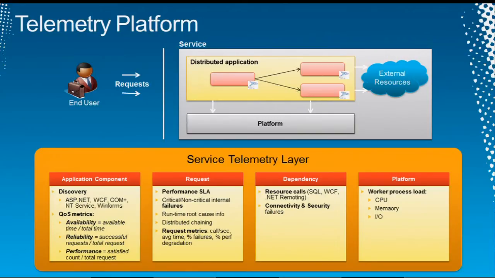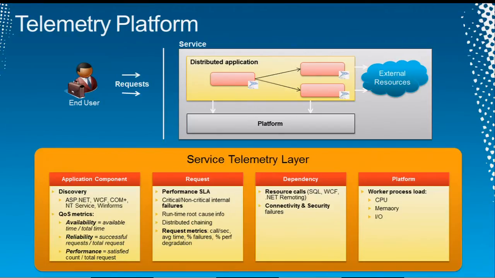Let's say SQL calls, WCF calls, .NET remoting calls. For each component, we can discover its dependencies over time. That really helps to build over time the deployment diagram, if you will. We call it incremental discovery of the applications and how each component is talking to each other.